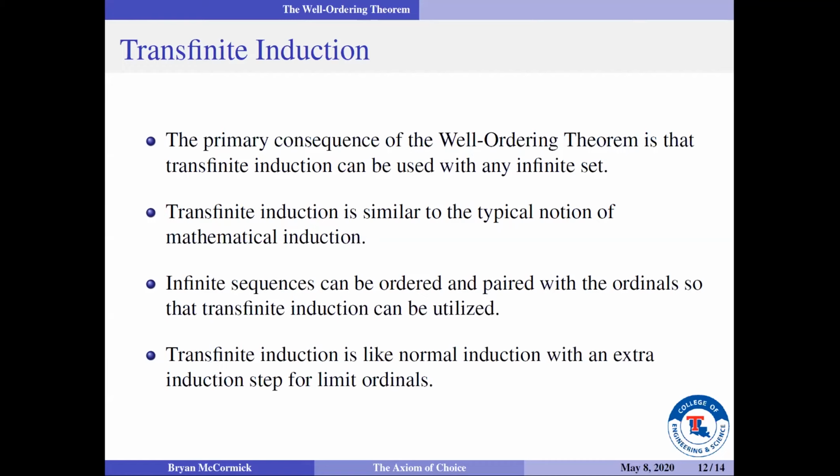The only main difference is that you have an extra induction step for limit ordinals. The way transfinite induction works is you pair the elements of the set to the ordinal numbers, and that allows you to do transfinite induction. This is a very useful proof technique.